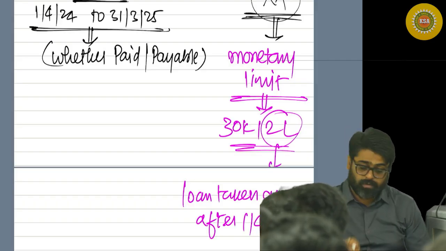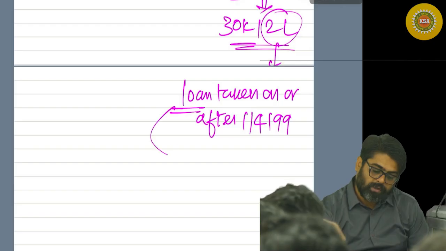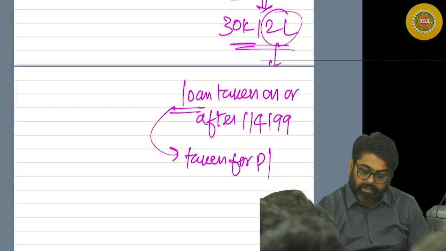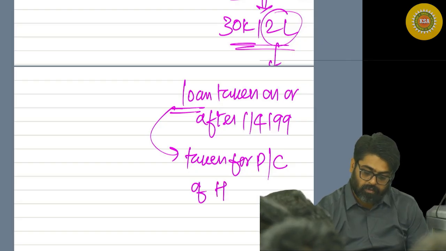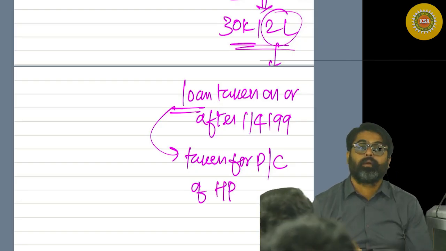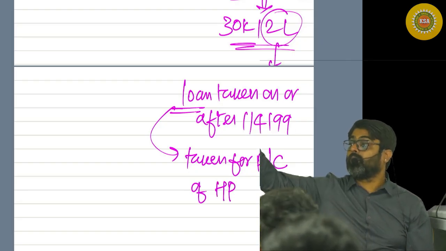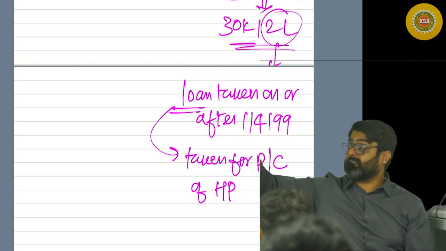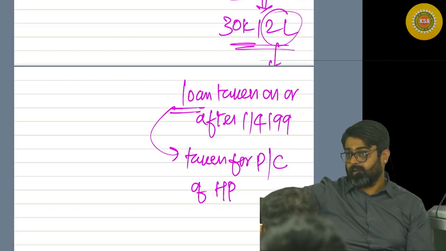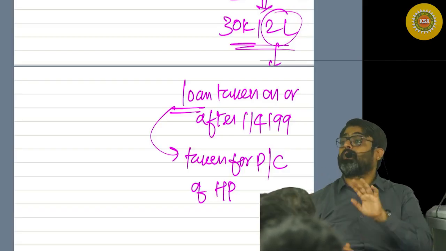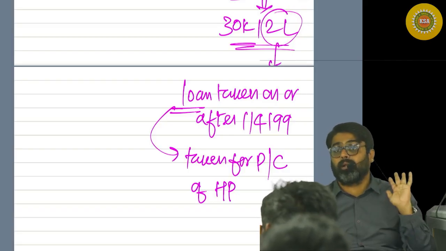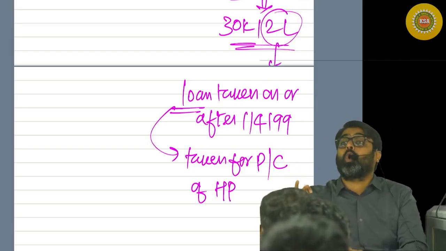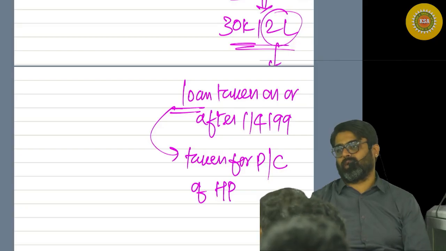First condition. Second condition, the loan is taken for purchase or construction of house property. Yes or no? So that SOP for which the loan is taken, this loan must be taken on or after 1st April 99, and this loan must be taken for purchase or construction only.